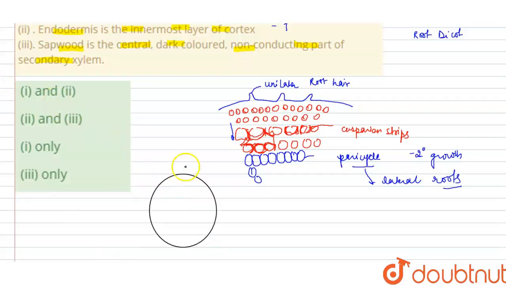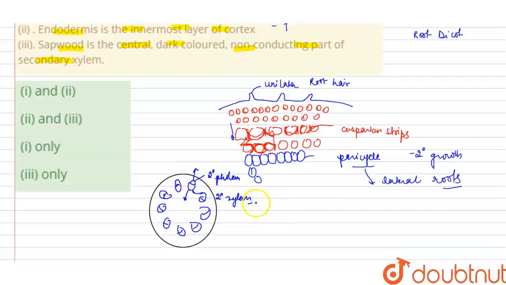The xylem and the phloem are arranged in a radial direction like this, and in between the xylem and phloem there is a cambium ring. During the activity of the cambium ring, what happens? It starts dividing the cells towards the inner side and towards the outer side. The outer side forms the secondary phloem, and the cells that divide towards the inner side form the secondary xylem.